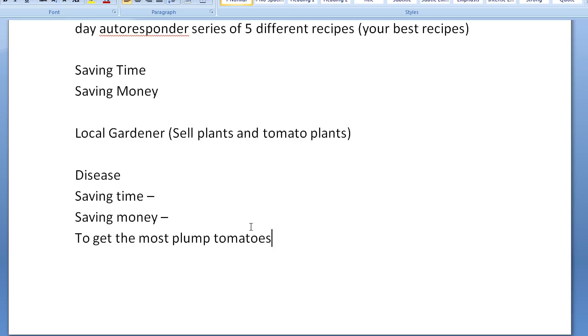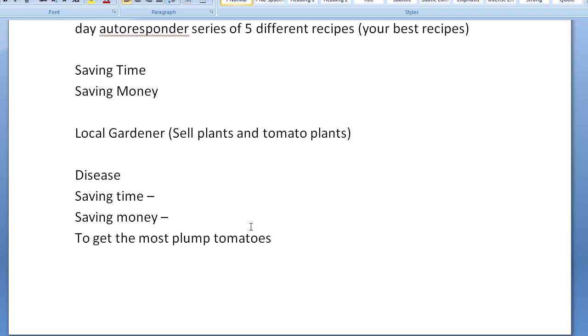Now, if you know anything about plants and gardening, you'll notice that some companies will sell seeds that are modified or whatever, non-GMO or GMO, but they'll sell these seeds that have the ability to grow really well because of their past history.